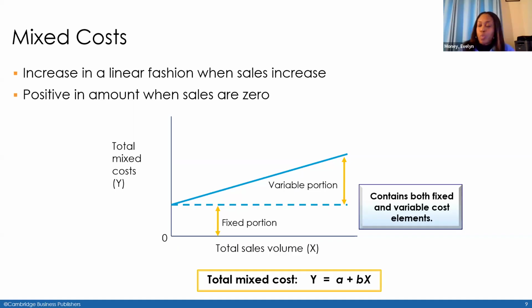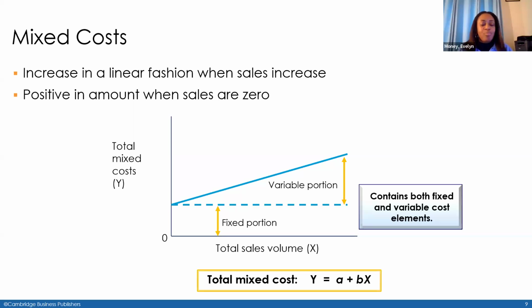Now, we're used to probably y equals mx plus b. So I'm going to say this from the perspective of y equals mx plus b. And then I'm going to reconcile that with what you see on the slide here. So with y equals mx plus b, y represents your total cost. That's your total mixed cost. M is the slope.